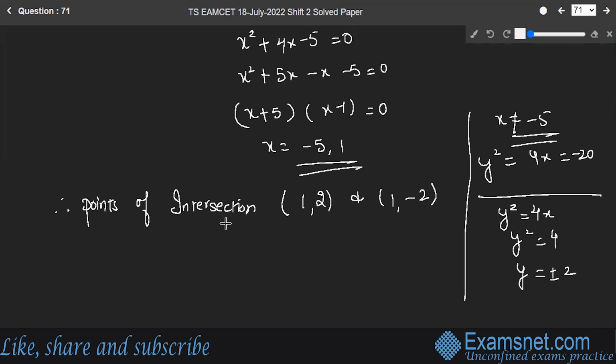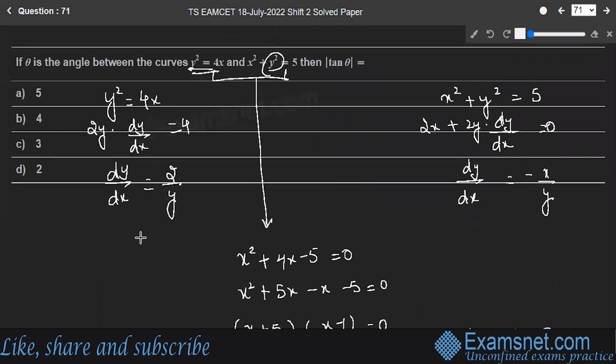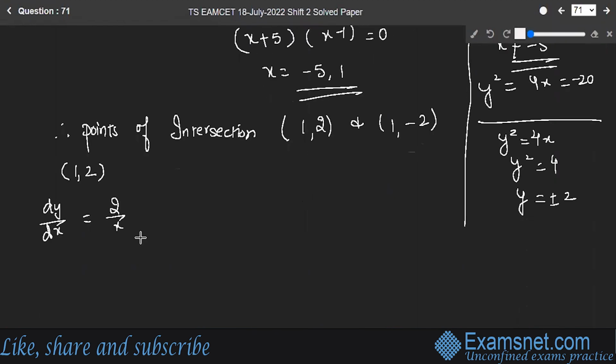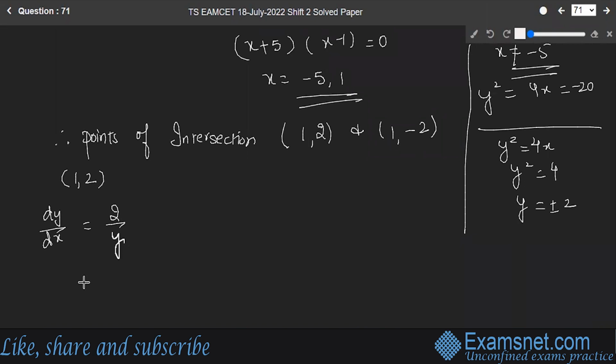Okay. Now, slope of the tangent to the two curves at this point of intersection. Let's say the first point is 1, 2. The first curve had the slope as dy by dx given to be 2 by y, sorry, not x. So this will give me the slope equal to 1.